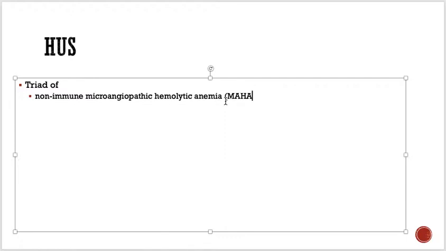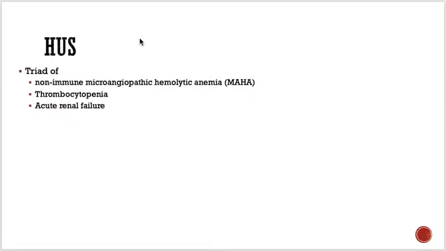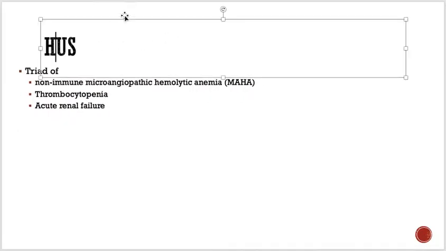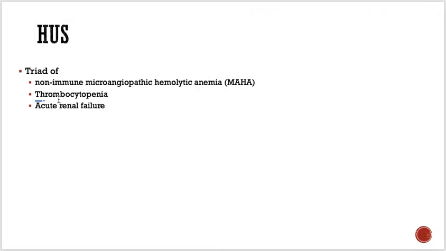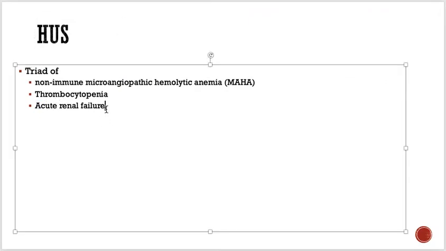In many books, you will find this word MAHA, which is microangiopathic hemolytic anemia, as well as thrombocytopenia. And the third thing is acute renal failure. So, hemolytic uremic syndrome is a triad of MAHA or microangiopathic hemolytic anemia, thrombocytopenia, as well as acute renal failure.